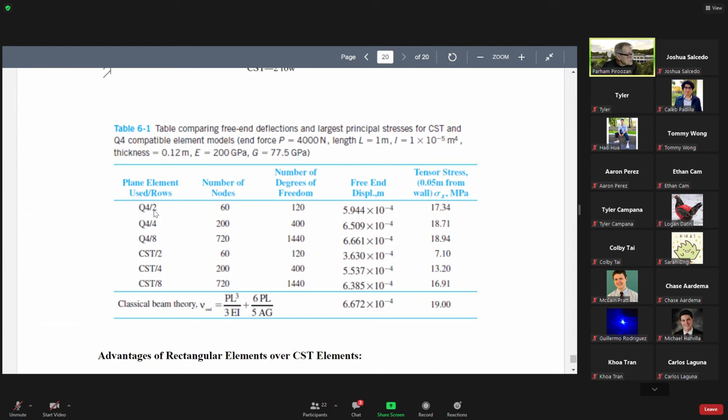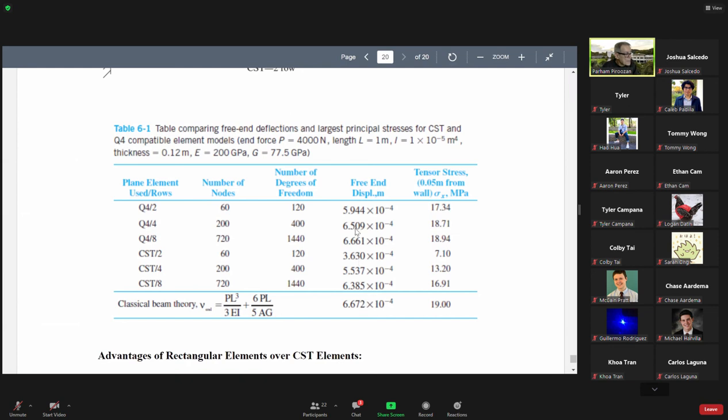Now, the rectangular element with 2 rows, we got 5.944. Very coarse, even just 2 rows, with 60 nodes. If we make it 4 rows, overall 200 nodes, we get 6.509.